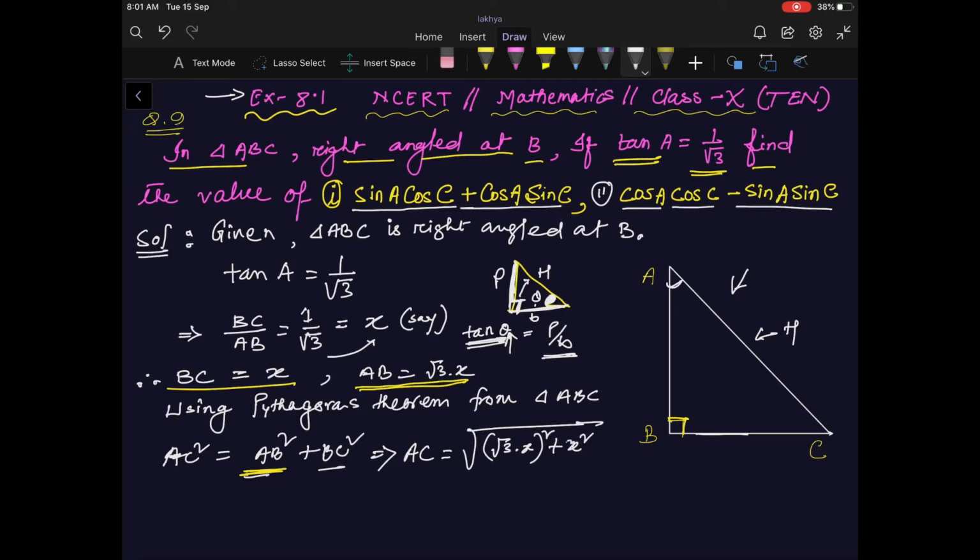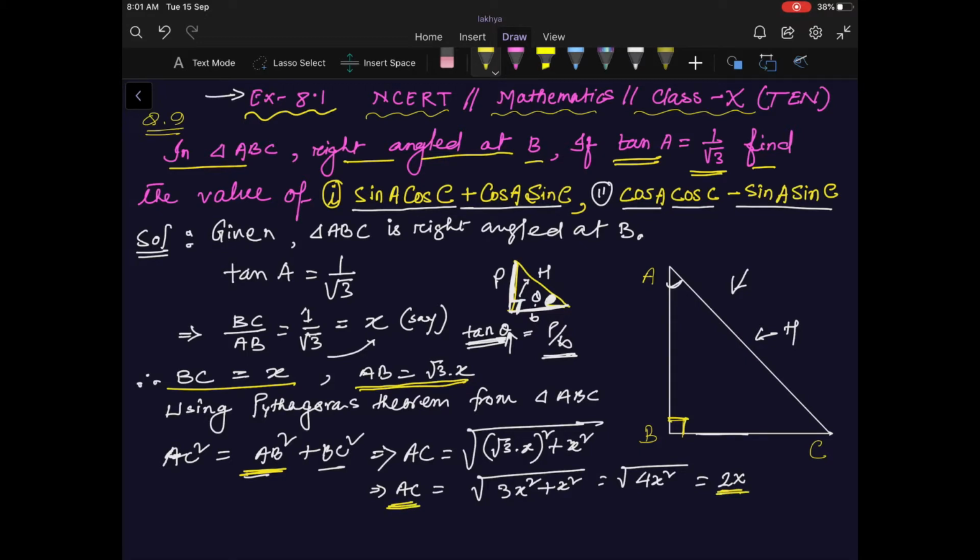Then AC is root over square of root 3 is 3, so 3x square plus x square, which is equal to 4x square. Then square root of 4x square must be twice x. So this is the value of AC.